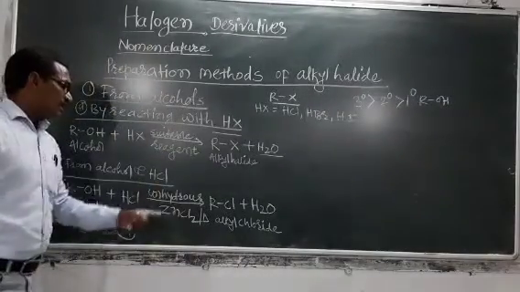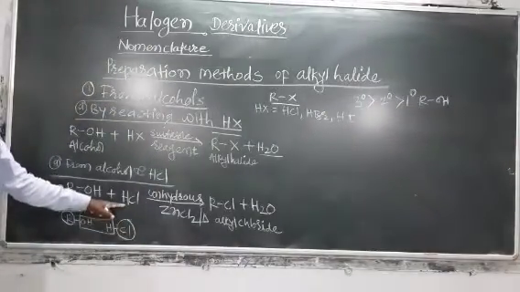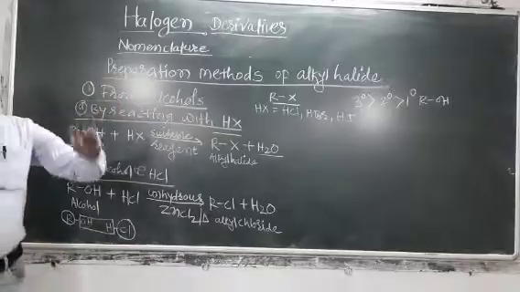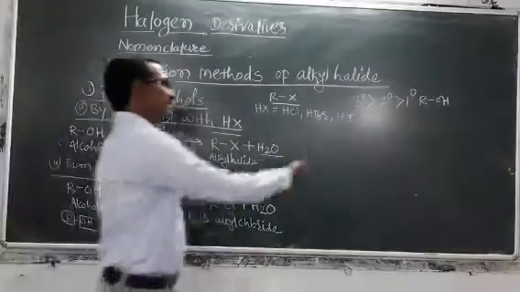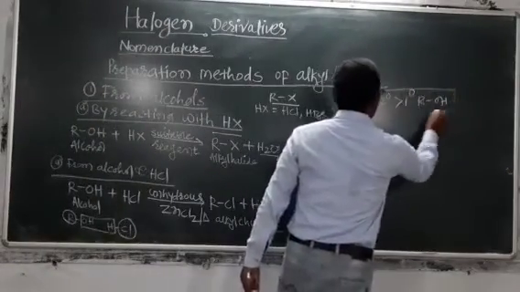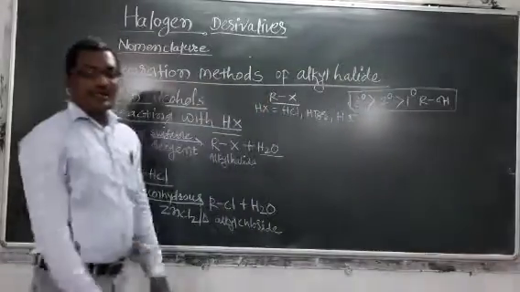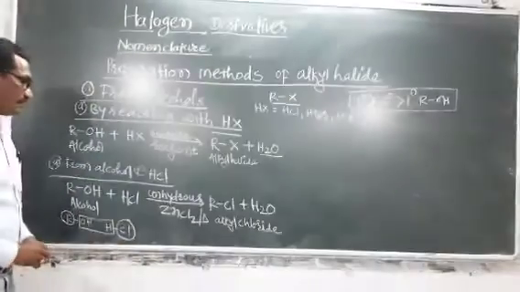If we use tertiary alcohol, it will react easily with HCl, then secondary and primary. This is the reactivity of alcohols toward hydrochloric acid, HCl.